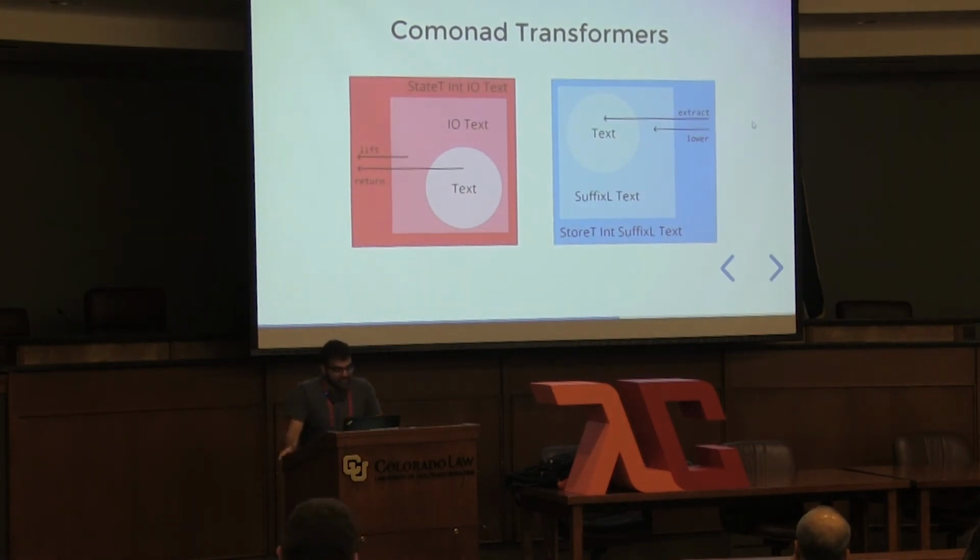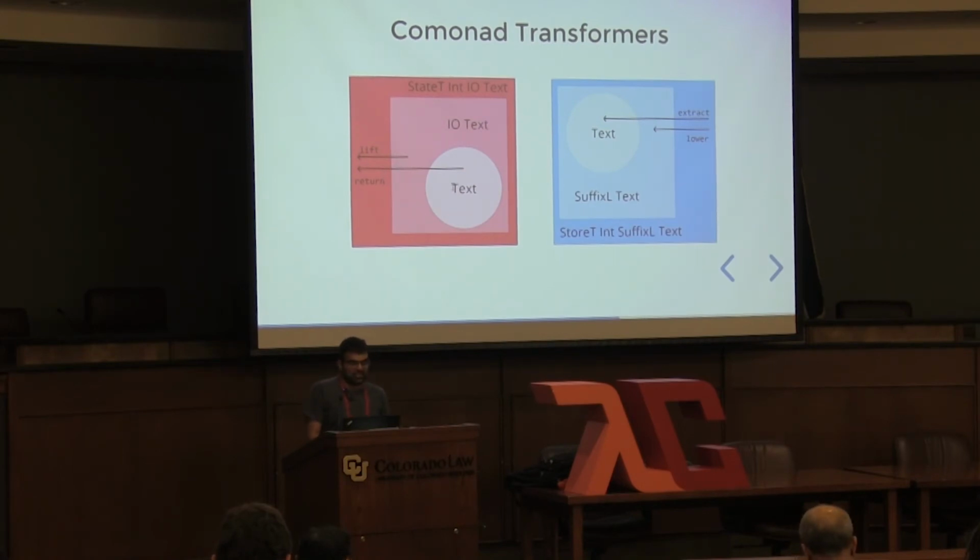Just since comonads are dual to monads, pretty much every property you can think of monads have their dual. And so everybody's heard of the monad transformers library, which allows you to stack different contextual effects on top of each other. And one of the things you gain from the monad transformers is a lift function.